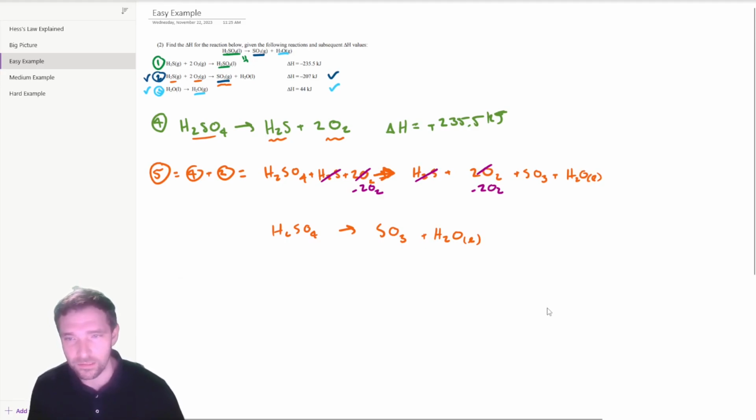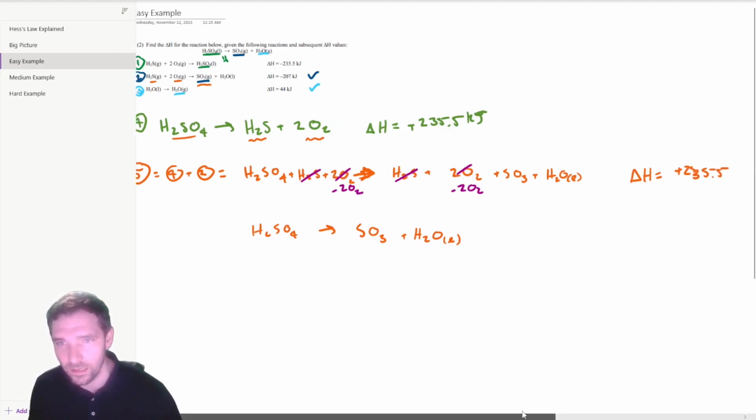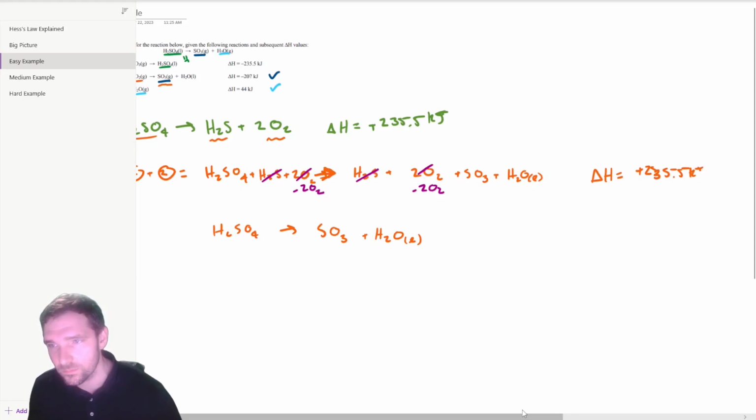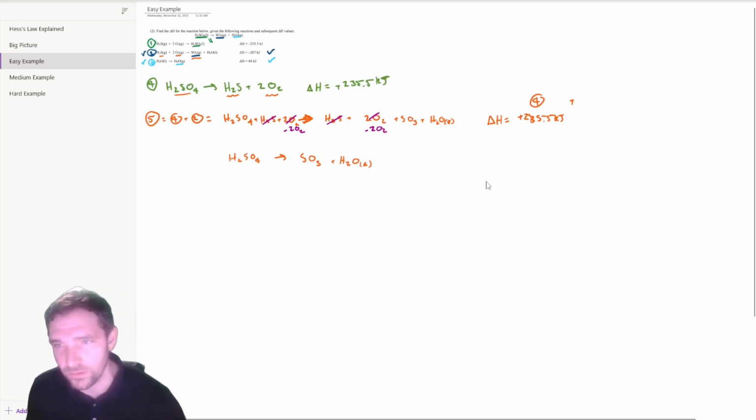Not quite, but we could then look at its change in H value. So line 5 was combined by looking at line 4, which was a positive 235.5 kilojoules, and then we added to that line 2, which is a negative 207.